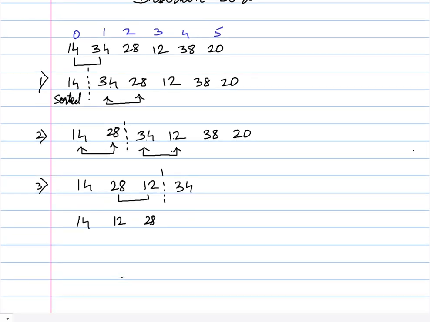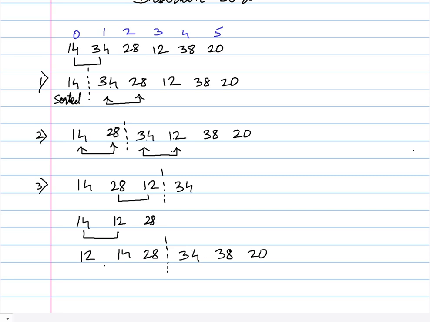Now the process continues. Still the newly added number is 12, so we'll check with the previous number. So 12 and 14, is 14 less than 12? No. So again we will swap it. So 12, 14, 28. This is the actual sorted list, and the unsorted list still consists of 34, 38 and 20.